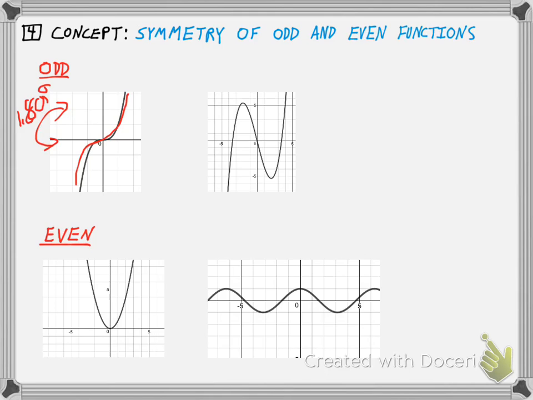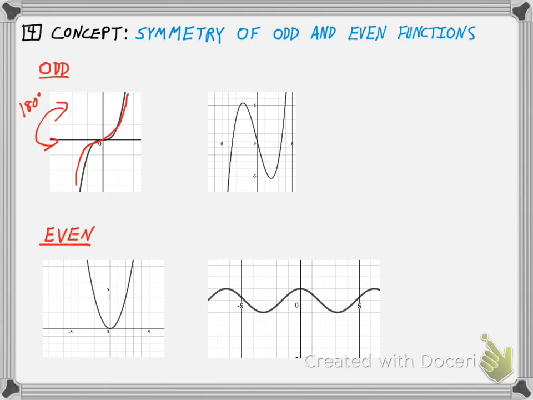And that has 2 names. One of them is, sorry, let me write that again, 180 symmetry. Because again, if you spin the graph 180 degrees, you get the same thing. It's also called origin symmetry because you are basically turning the graph around the origin as a central point.